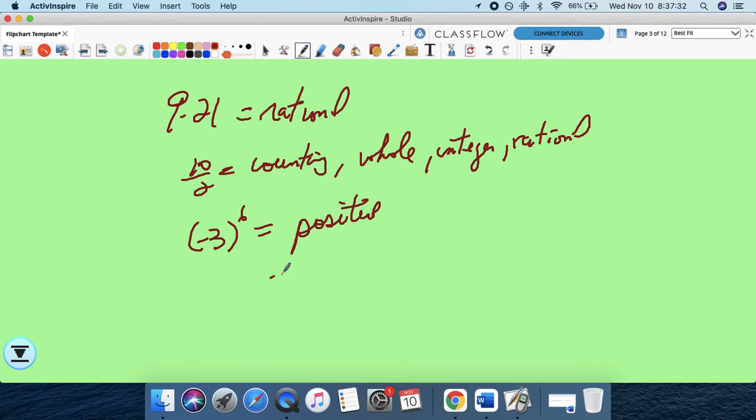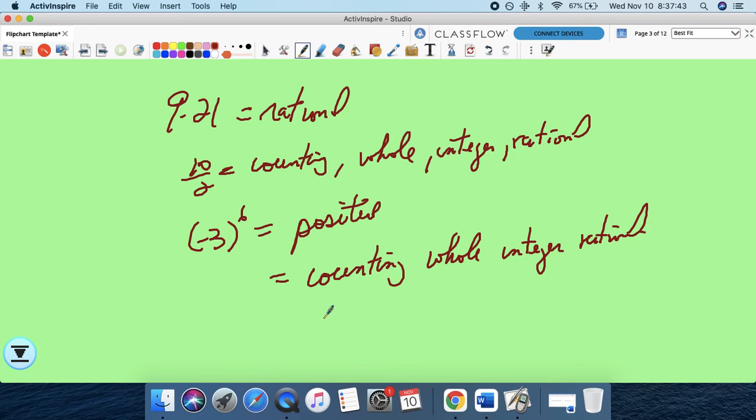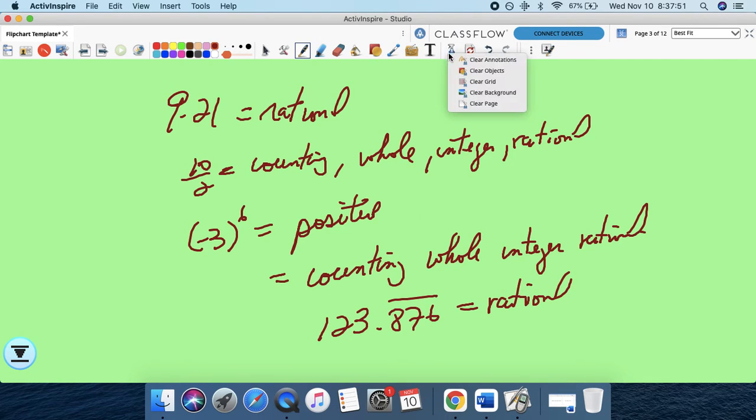So again, that's going to give me counting, whole, integer, and rational. The last one is a repeating, and if it's repeating, it's a rational.